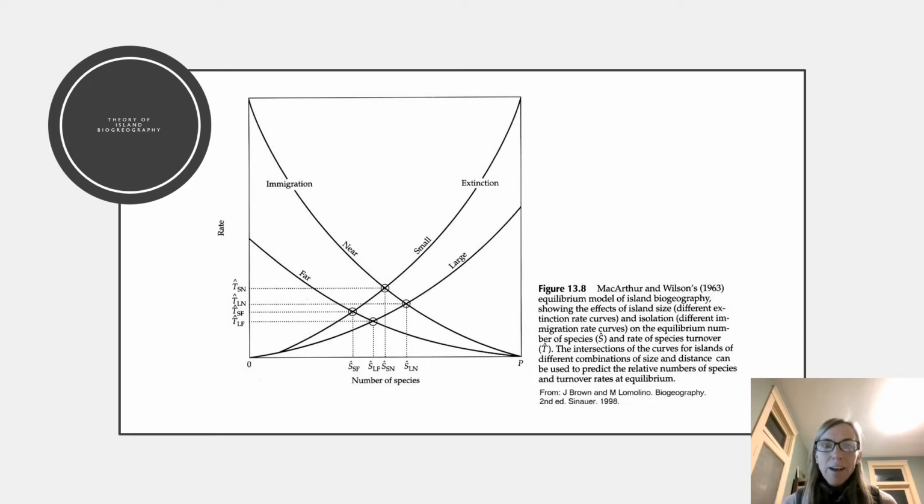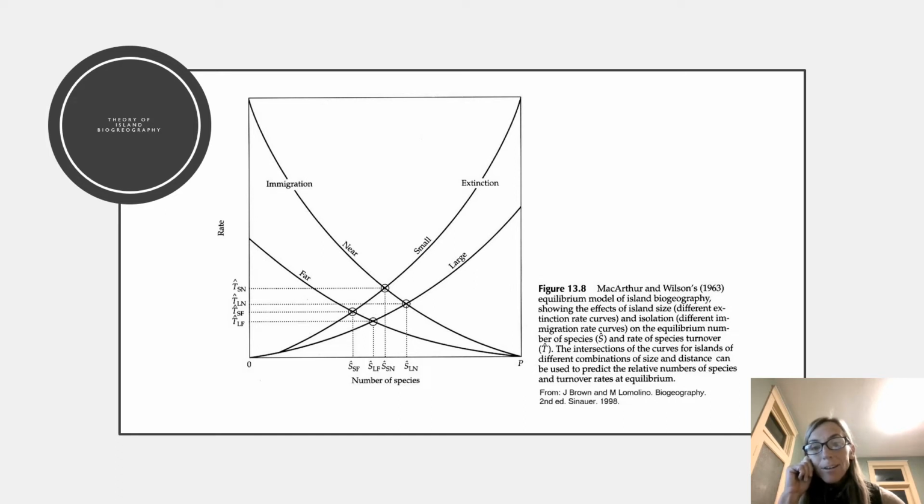So this theory of island biogeography had its roots in E.O. Wilson's work with ants. Robert MacArthur, who was a collaborator of E.O. Wilson's, really synthesized Wilson's ideas about competition, colonization, and equilibrium into this simple geographic representation of immigration and extinction.